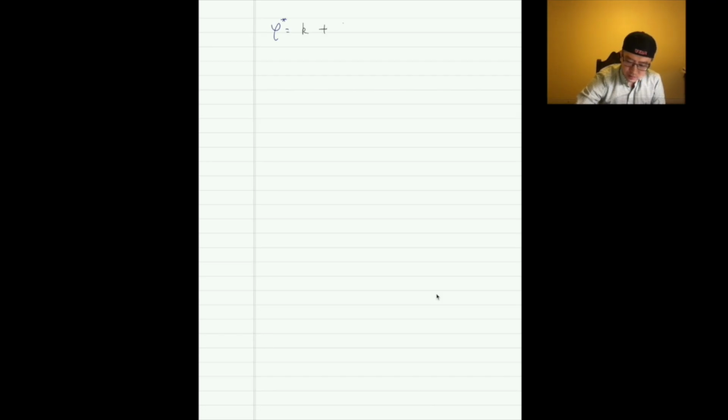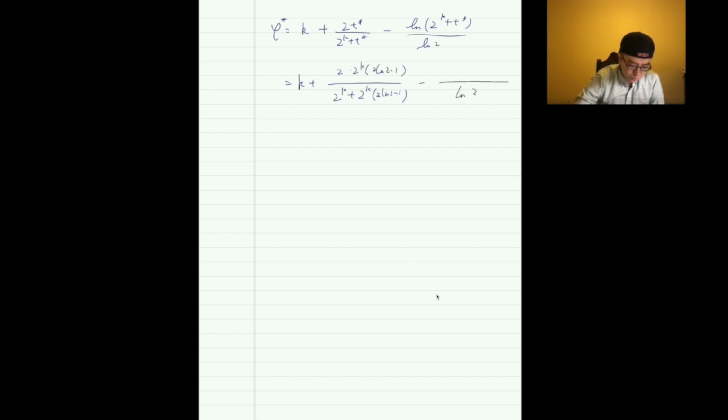That is basically this plus t star minus ln of 2 to the power of k plus t star, over ln 2. Now let's compute it. We just plug in t star, which is 2 to the power of k times 2 ln 2 minus 1, and upstairs is 2 times 2 ln 2 minus 1 minus 2.